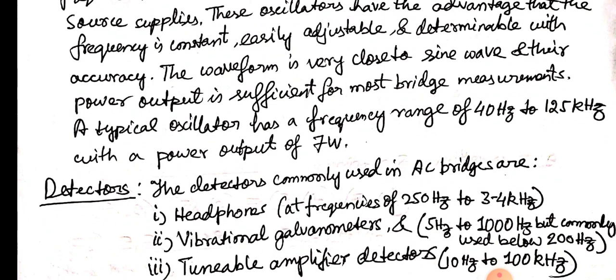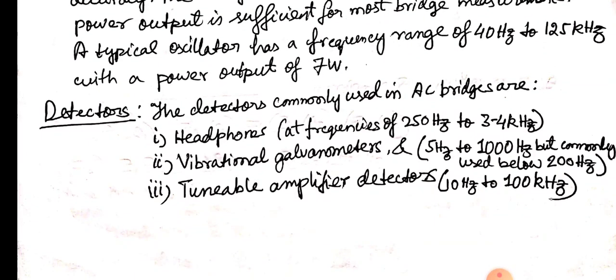Now coming to the detectors part. Detectors are most commonly used in AC bridges, and the detectors used are based on the range of frequencies. I have classified them as follows. Number one, headphones, which are used at a frequency of 250 Hz to 3 to 4 kilohertz.